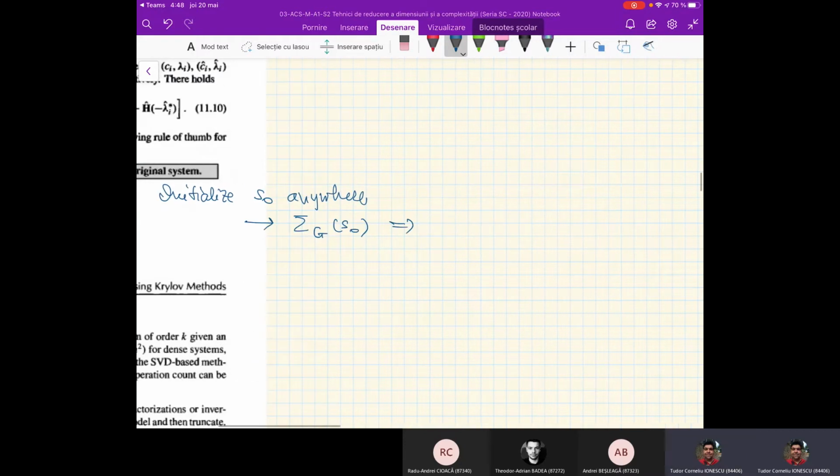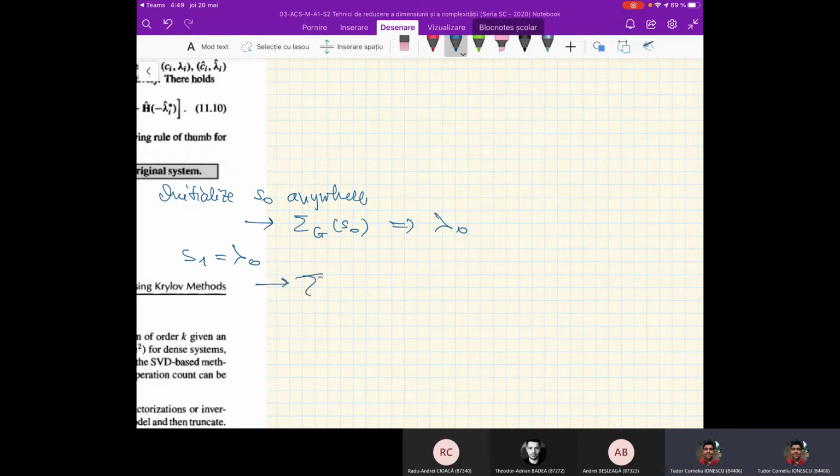This one gets lambda 0 as an eigenvalue, okay? Then the new S0, okay, so S1 is the previous lambda 0, okay?